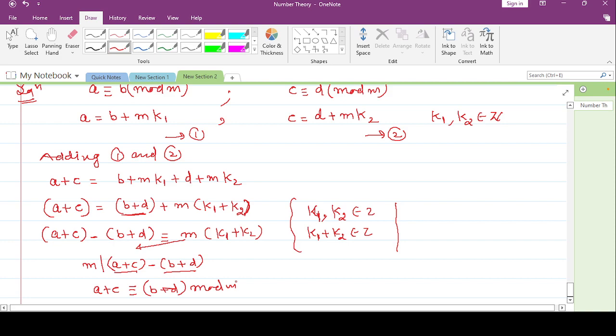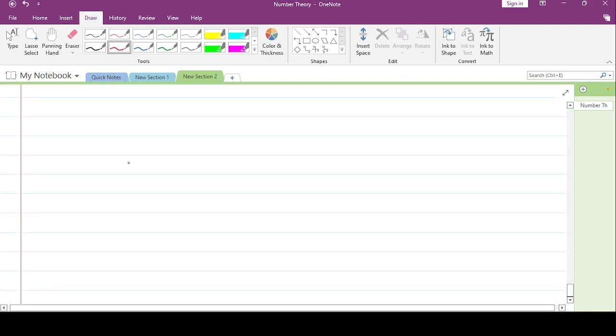Now in the next part, instead of adding, we just multiply them. We multiply equation number 1 and equation number 2. Your first equation is a congruent to b modulo m, and c is congruent to d modulo m.